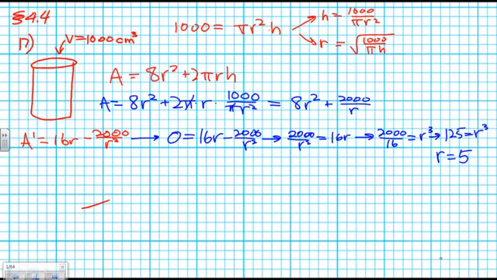If that's true, that means h is equal to 1,000 over pi times 5 squared, or 1,000 over 25 pi, and 25 goes into 1,000 40 times. So 40 pi. Now the last thing they ask is, what is the ratio of h to r?